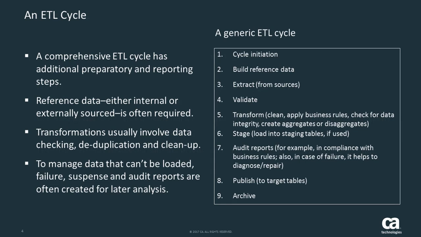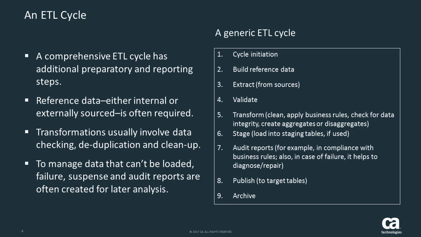Now, on the right you see a generic ETL cycle, where the cycle would be the process that runs perhaps overnight, every night, to refresh the content of a data warehouse. So we have an initiation, where we'll build some reference data or download it or copy it into place. Then there's the extract from existing data sources.